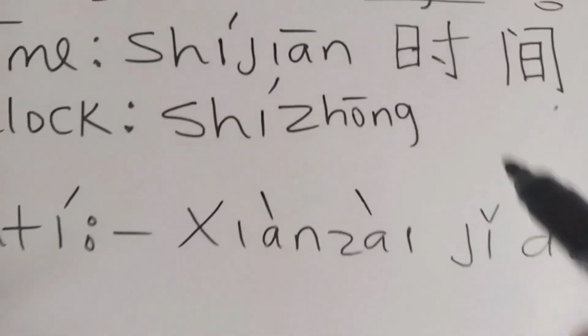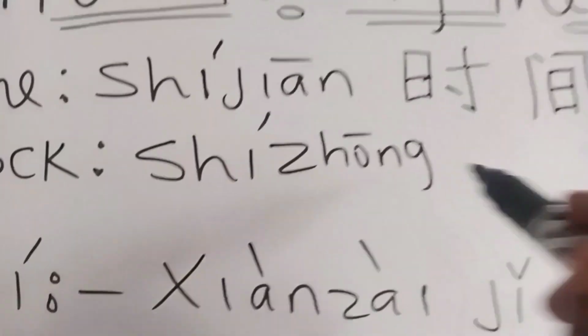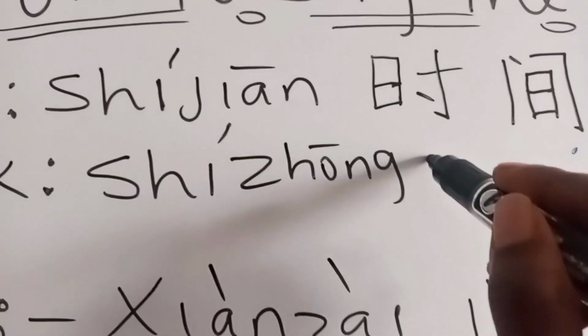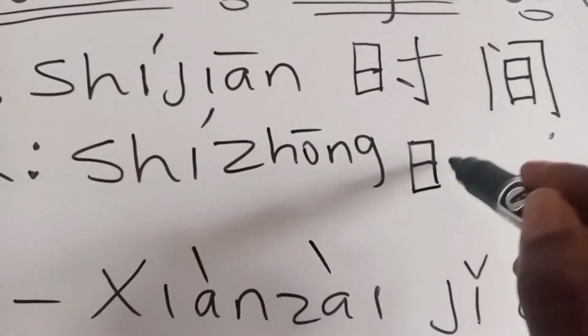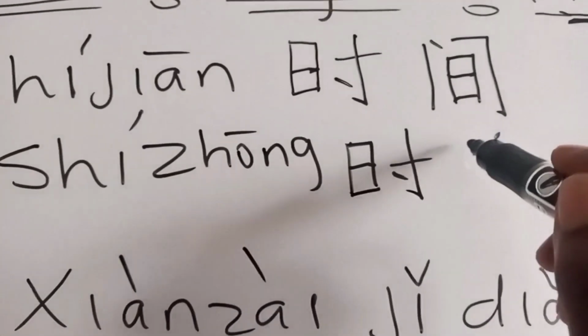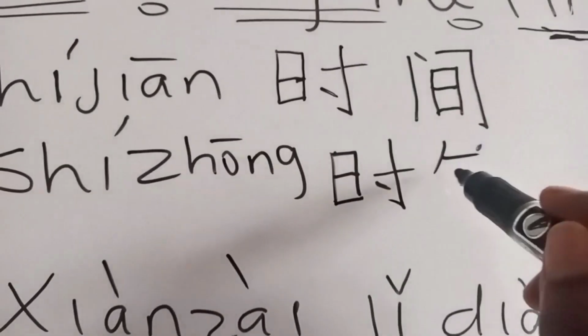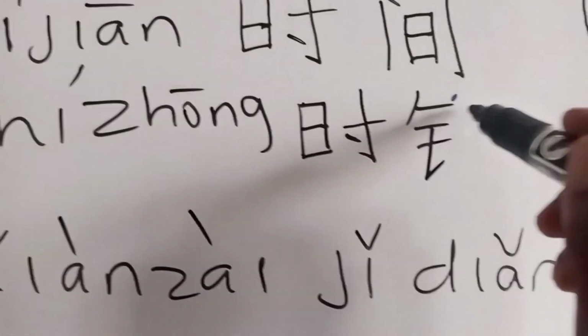I'm holding phone and standing and writing. It's not really easy. This is 时钟. The same 时 that we wrote earlier. 时钟. This is 钟. Zhōng.